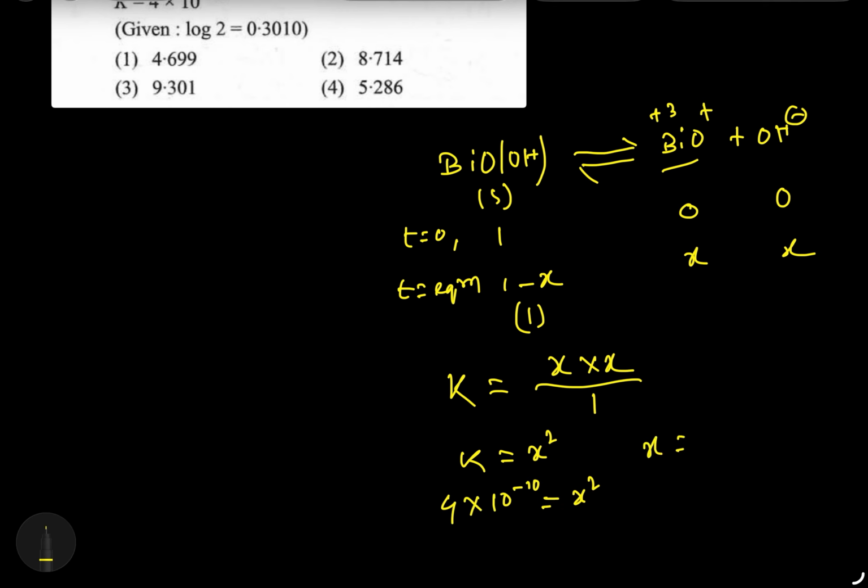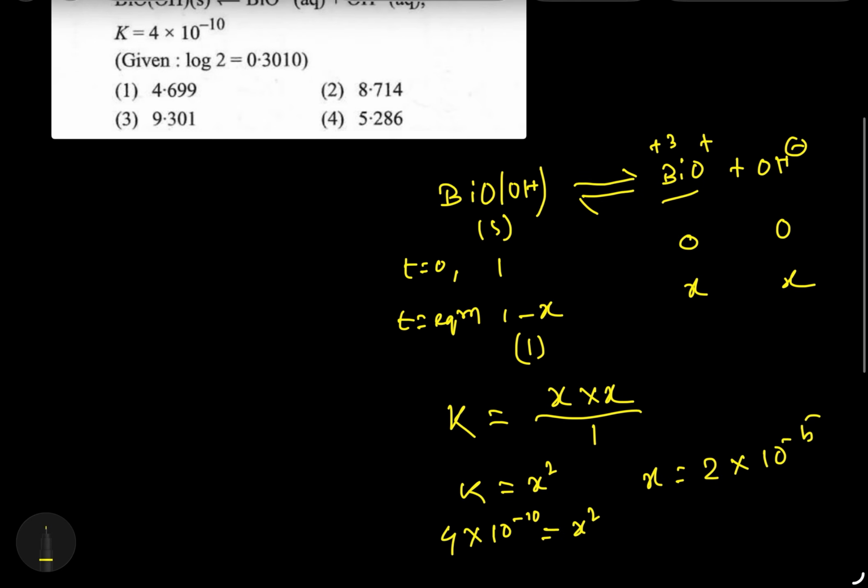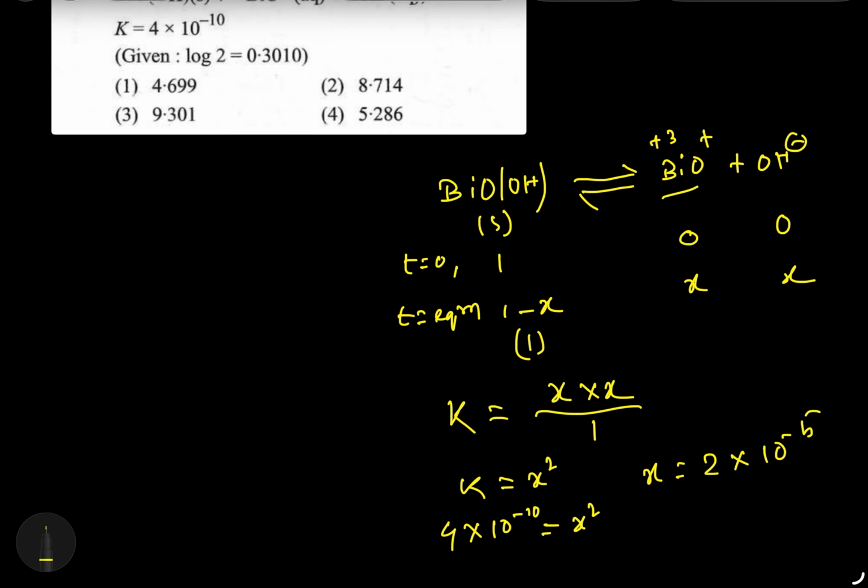So x will be 2 into 10 to the power minus 5, right? We have determined the value of x, which is also the OH- concentration. We can say that the concentration of OH- is 2 into 10 to the power minus 5, right?